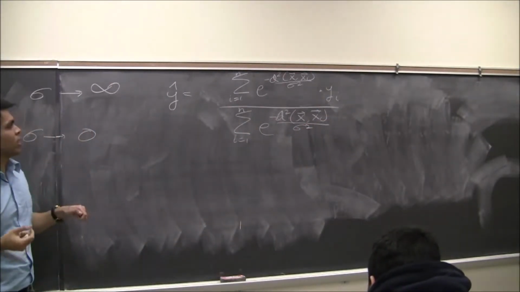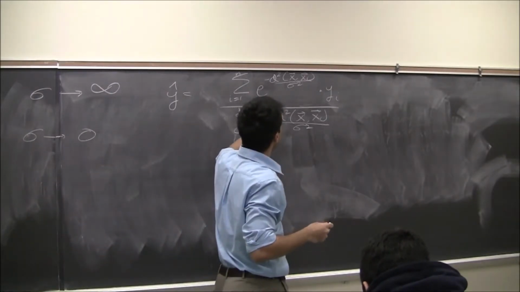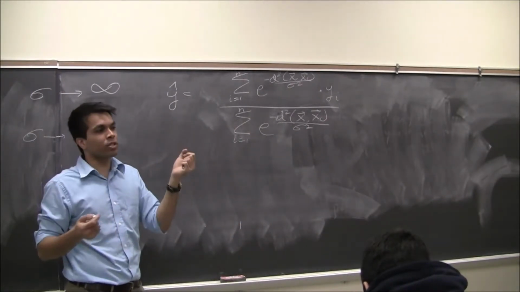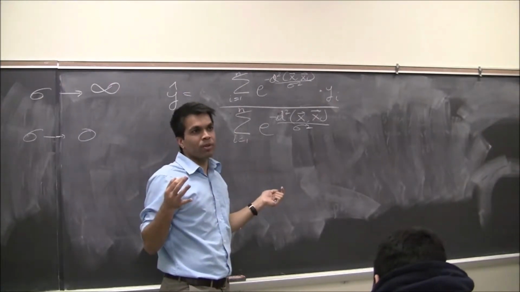So far I haven't done anything, just written the definition out. Here's the trick, which essentially formalizes the intuition that she was trying to get to: that somehow weights are going to 0 everywhere.